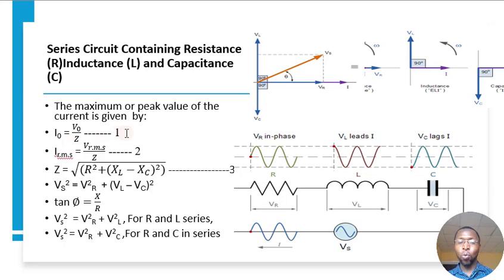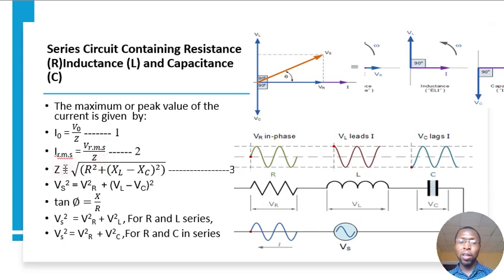So that's equation 1. Another formula we need in this RLC circuit is the root mean square current, which is actually the effective current in the circuit. We talked about it last time. By formula, it equals the root mean square voltage over the total resistance, which is called the impedance.